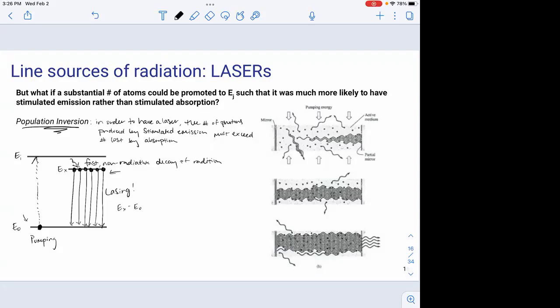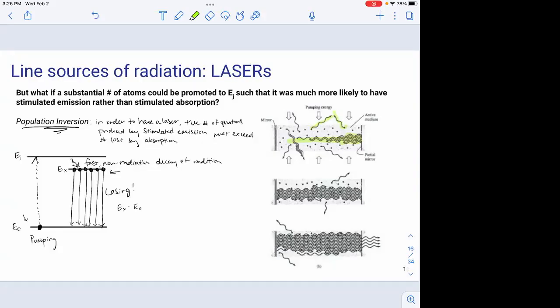Some of those photons will happen in a non-discriminate way, and we don't care about those, they'll go away. But as these photons are emitted, more and more of them will be in the same direction that we want this wave to propagate in, which is from right to left, going back and forth between these two mirrors. And so eventually you'll have lots and lots of photons being emitted via stimulated emission in order to make this laser actually be able to lase.